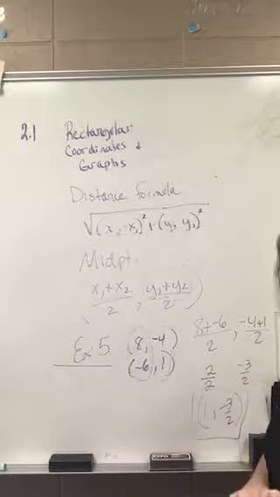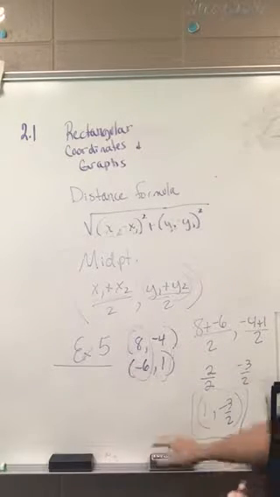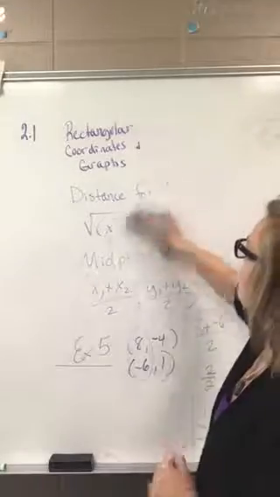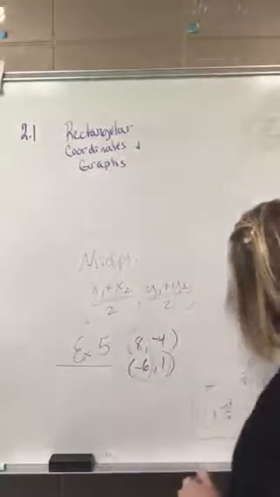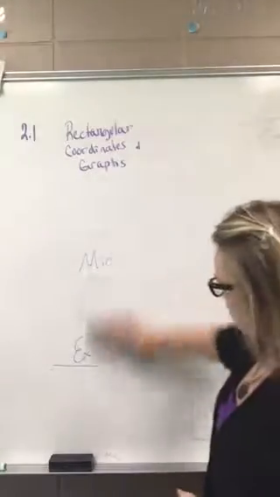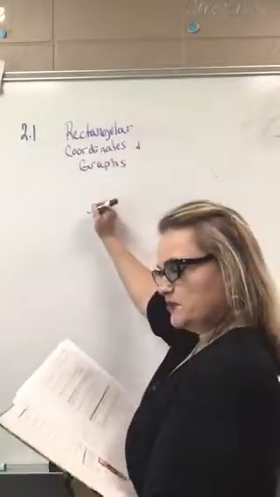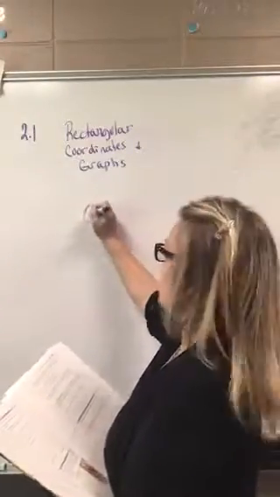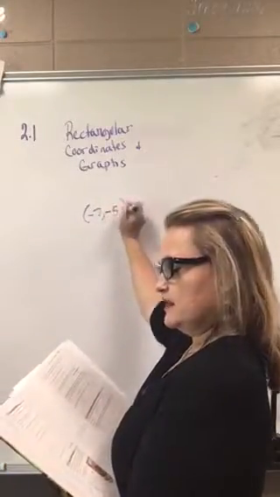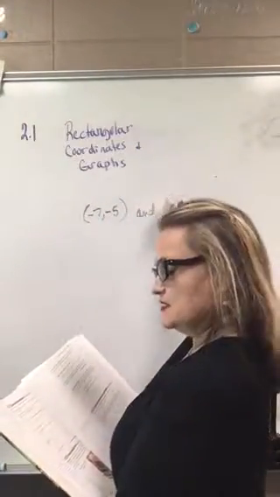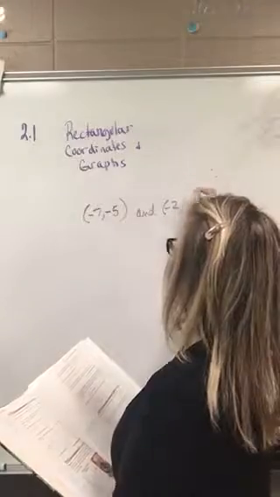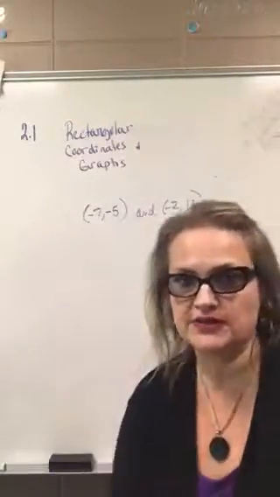I'm going to give you a U try. You can pause the video at this point to practice. All right, so find the midpoint between -7, -5, and -2, 13. The middle of those two points.